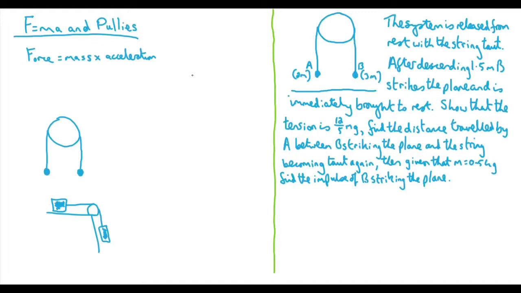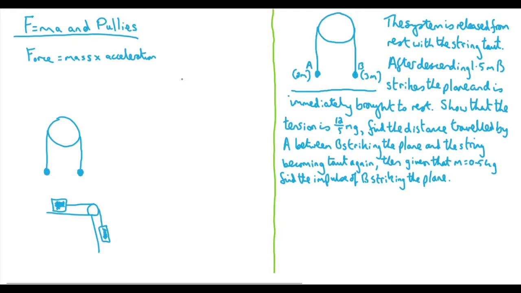When looking at pulleys, again, we're going to have two things that are connected together by some kind of string. However, that string passes over a turnable circle, a pulley, either in a way that has both of the particles suspended in the air hanging downwards, or that has one of them on a surface and the other hanging downwards.